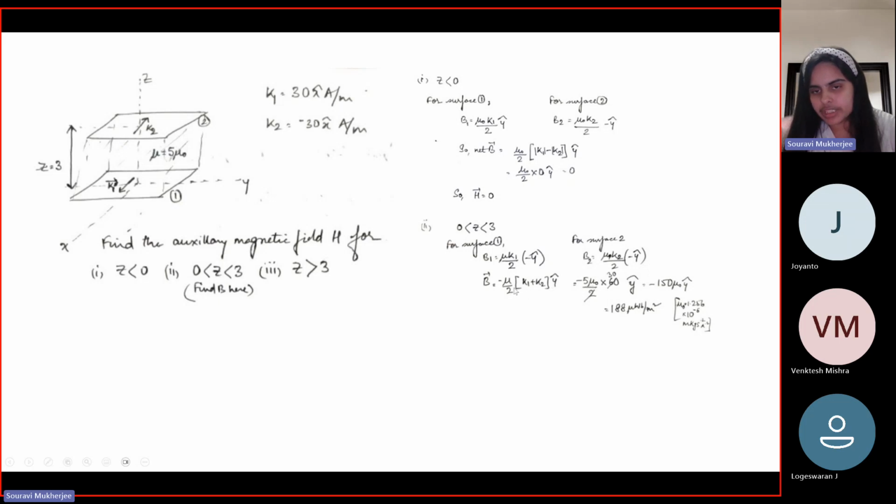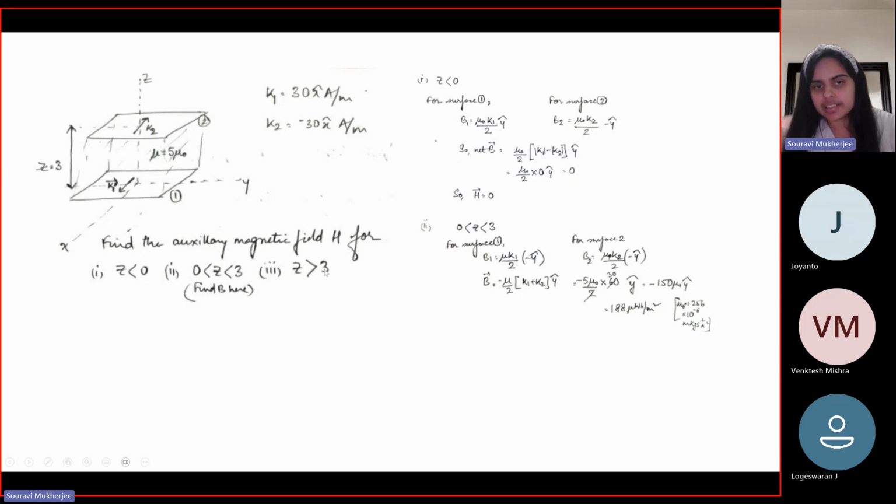You can write the effective magnetic field as minus mu by 2 into K1 plus K2 Y cap. And there mu is nothing but 5 mu naught, your relative permeability, and you can solve it and get a value. So this is your net magnetic field inside.